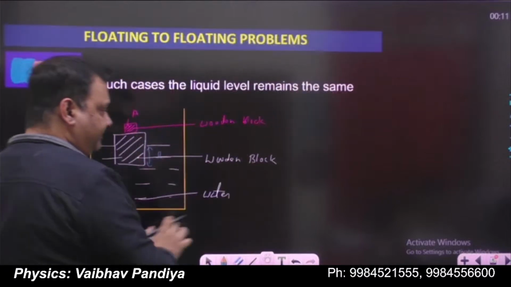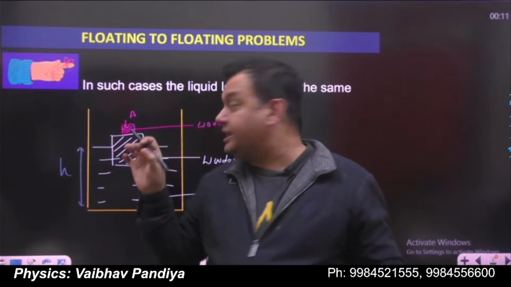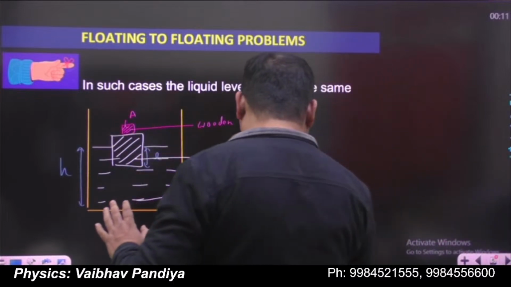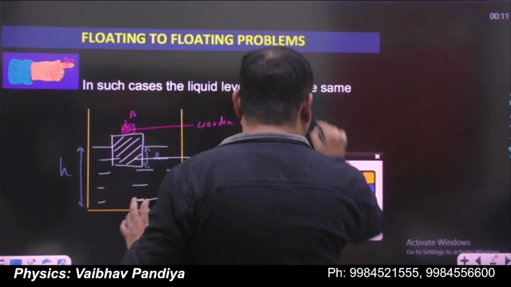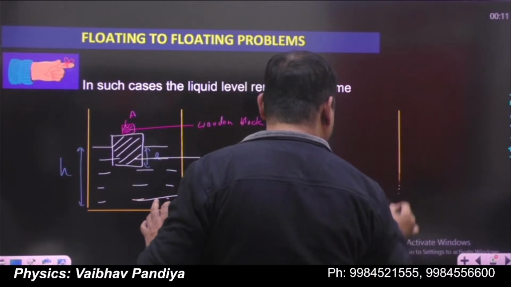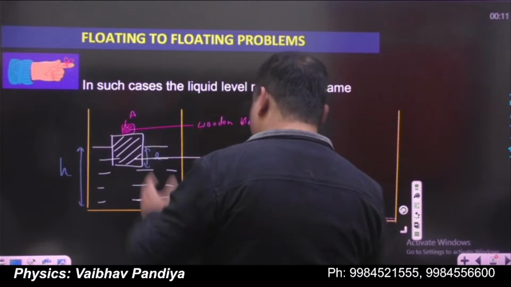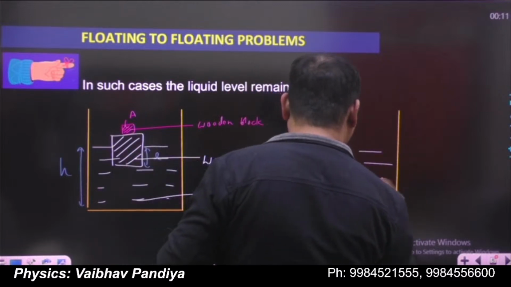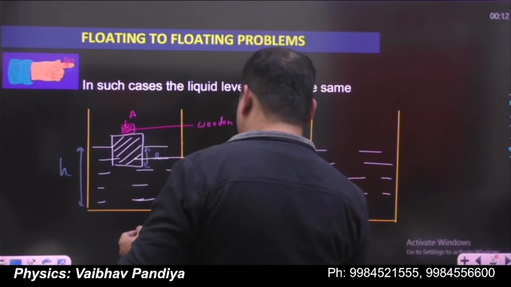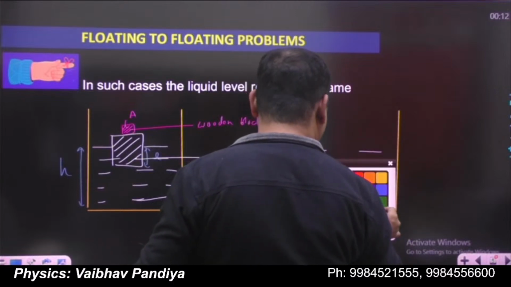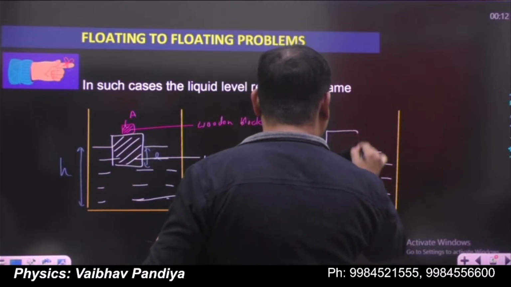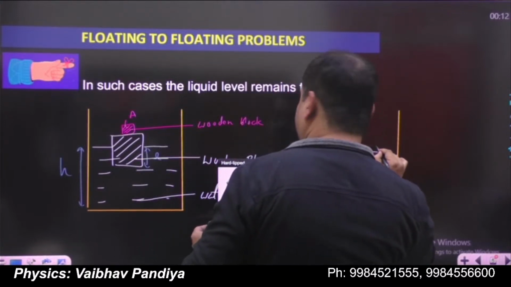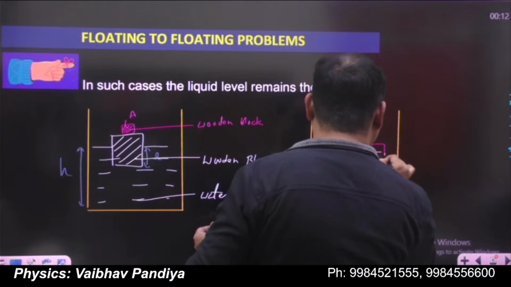And what you did, you simply pick up this pink wooden block, block A, and throw it in the same container. Suppose you have a problem which asks what will be the effect on the levels L and H. Since you remember the fingertip point, since wood has a density less than water, this wooden block will also be floating.